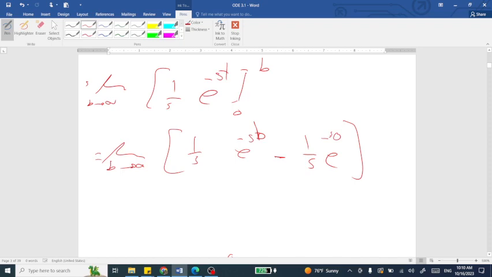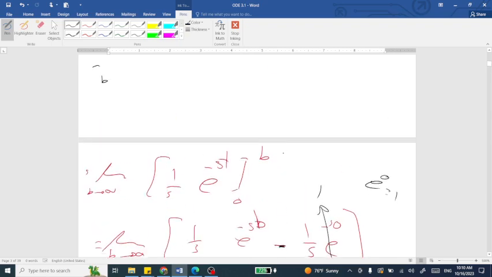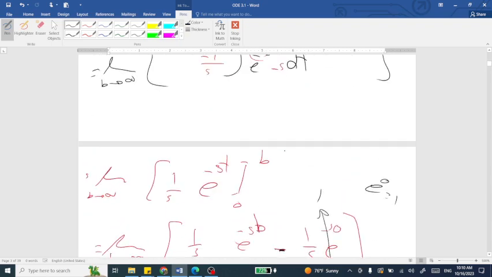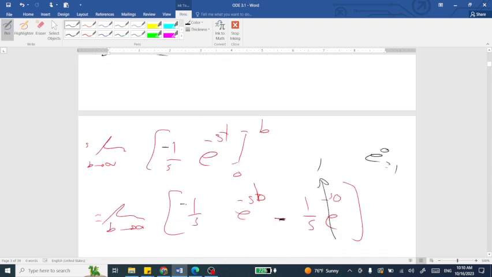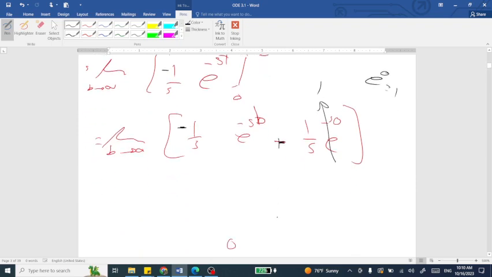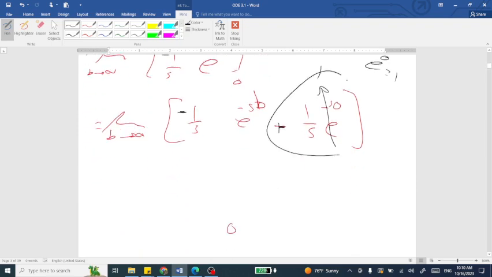And I know s times 0 is 0, and e to the power 0 is equal to 1. So we get minus, minus, and that will be plus. So it remains, from this part, plus 1 over s.